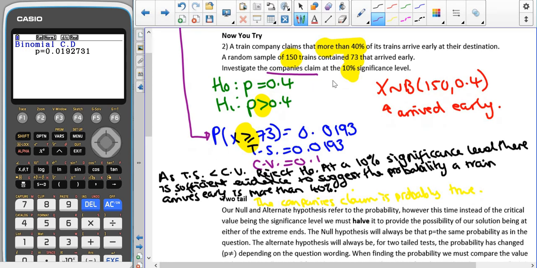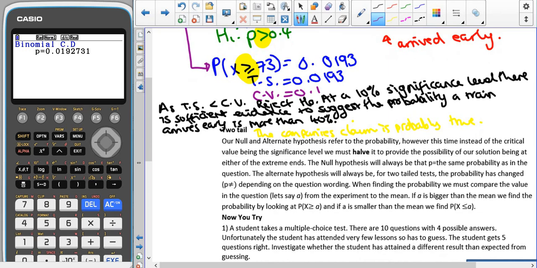Now, as I said before, there are also two-tail hypothesis tests. And this time, for the two-tail hypothesis tests, our null and alternate hypotheses are still going to refer to probability.